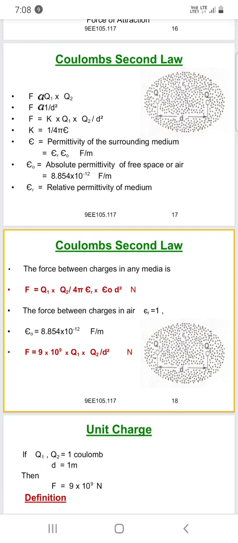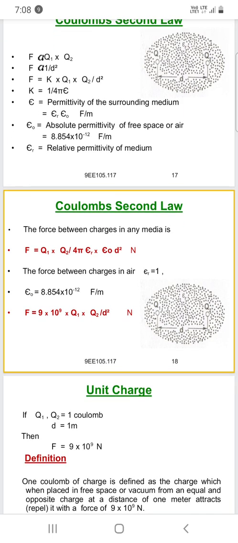So F is inversely proportional to 1 by d square. So F is equal to K into Q1 into Q2 by d square.